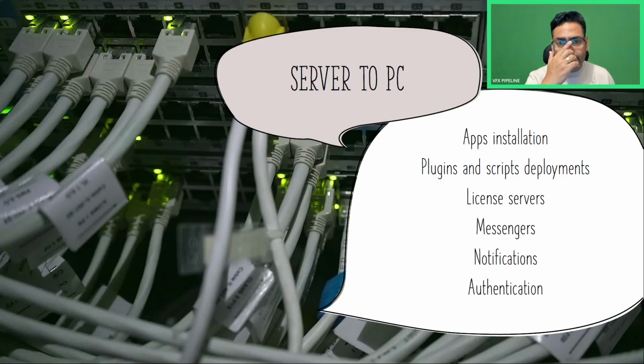Now, there are other use cases where you can use server to PC. You can automate things, for example application installations, if you want to install a plugin or a script, or deploy it centrally in the studio. That is also part of the automation in the VFX pipeline.